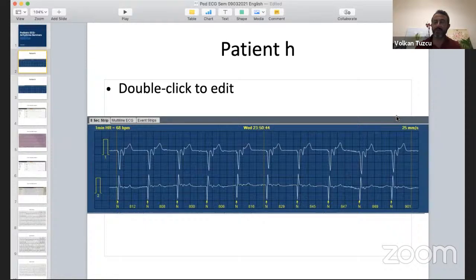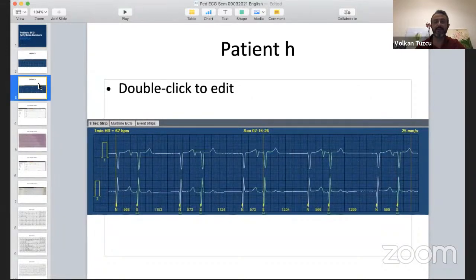Or if you can pace, like was just suggested, somehow increase the atrial rate. One easy way to do this is, if this is telemetry or a Holter recording, you can see areas when the atrium is faster. So this is another area on the same patient.